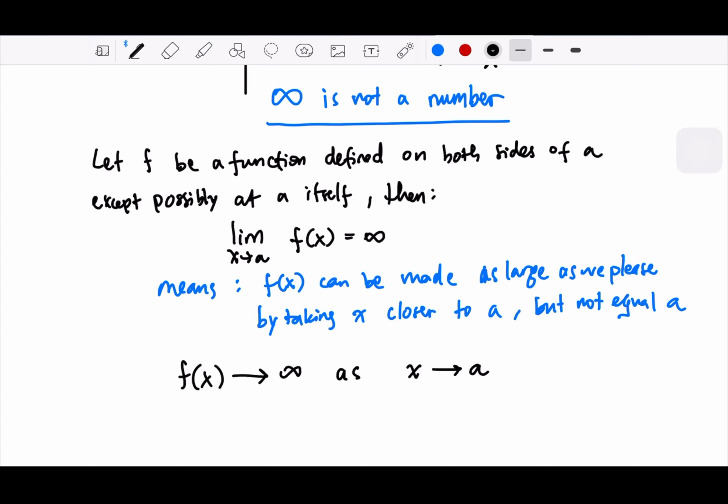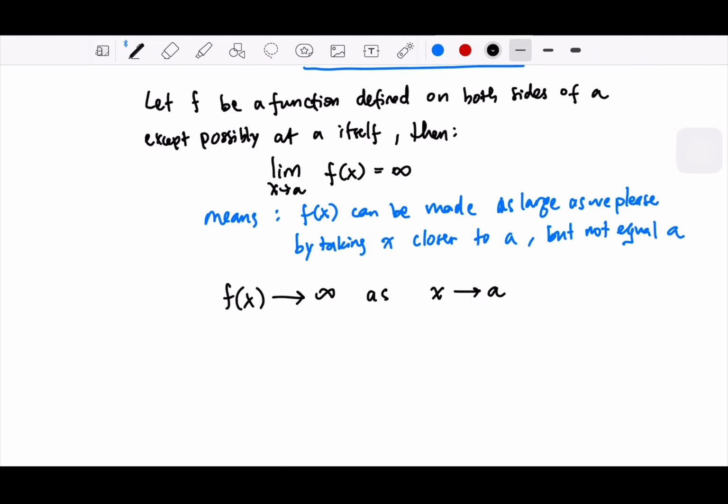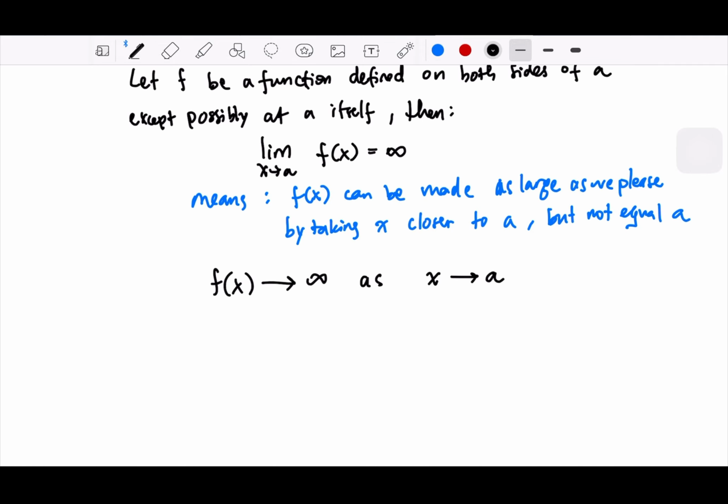So for the second limit as x approaches a, you can write negative infinity, which means that this is negatively large.